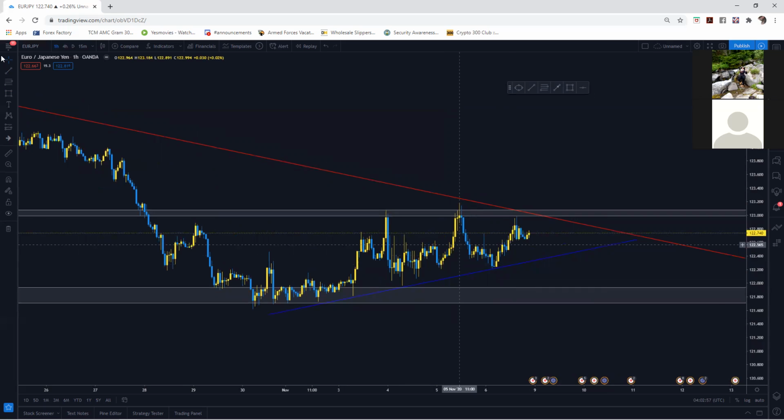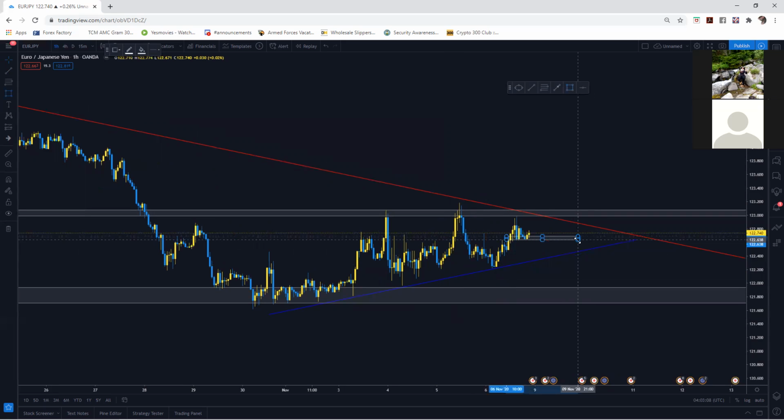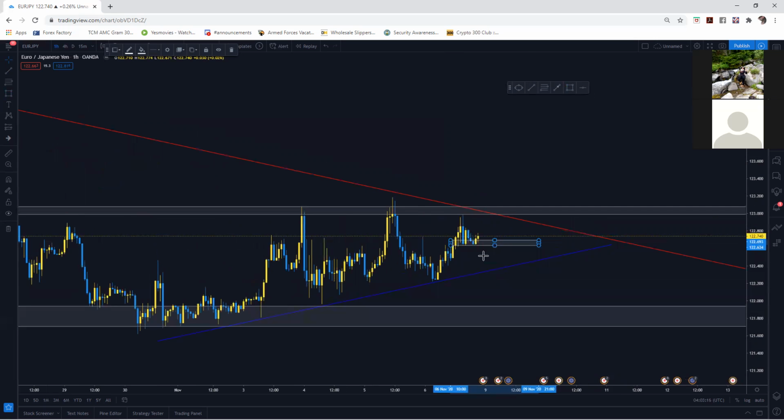Now to actually get in the sell, that depends on how you take your trades or how you enter. One, you can block off this support right here, and you can wait till it breaks and retests this support, or I would do this.